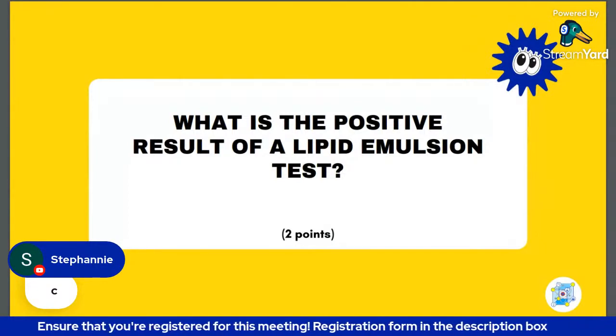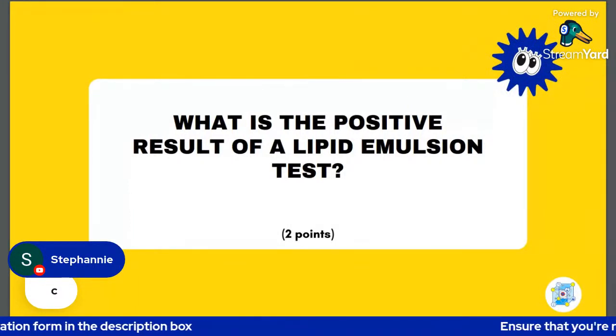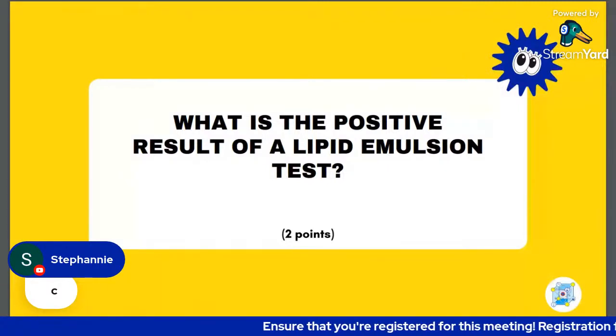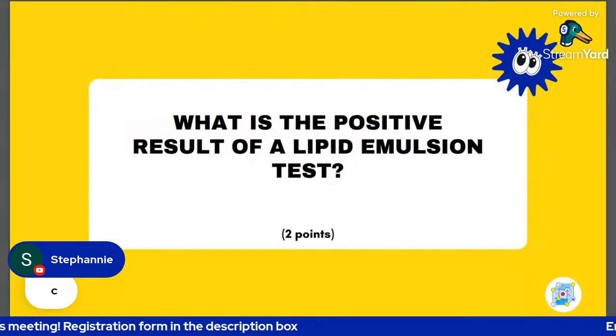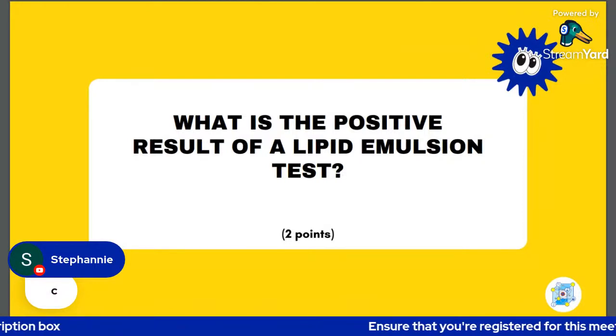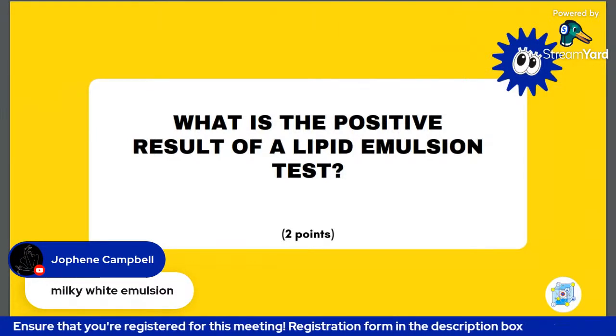Stephanie said milky emulsion and Jophine said milky white emulsion. What do you think? Milky white? Okay, we're going with milky white. The judges have decided. Maybe the milk could be cherry milk, so it could be pink. I don't know.